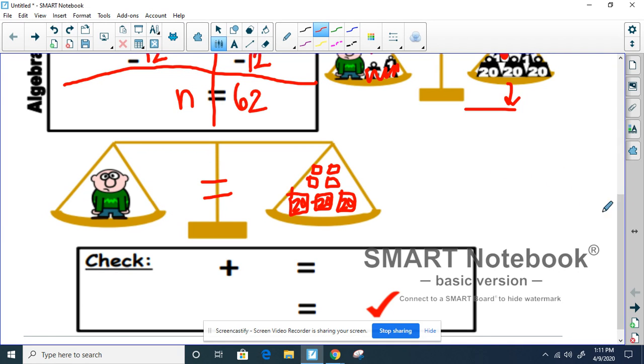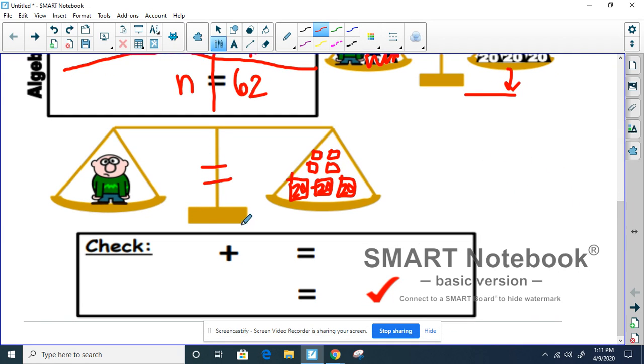Okay, so what we can do to check here is we can take our original equation, which was Ned plus 12 pounds. Actually, I'm going to change my color here so this is easier to see. We're going to go to blue. Our original equation was Ned plus 12 pounds is the same as 74.